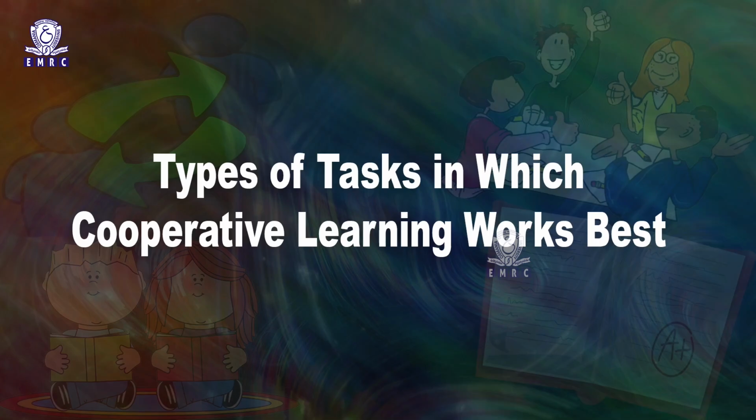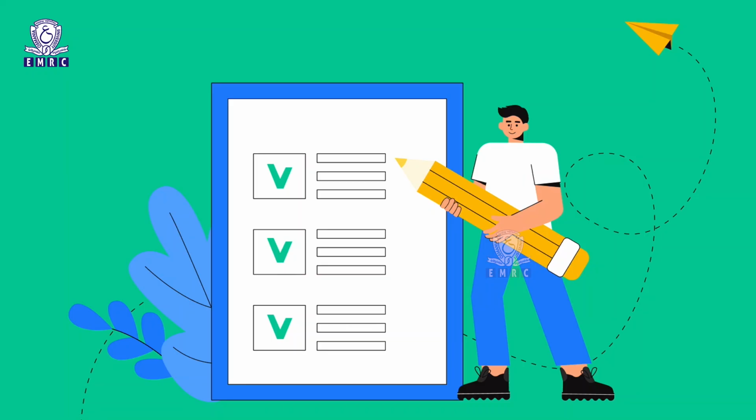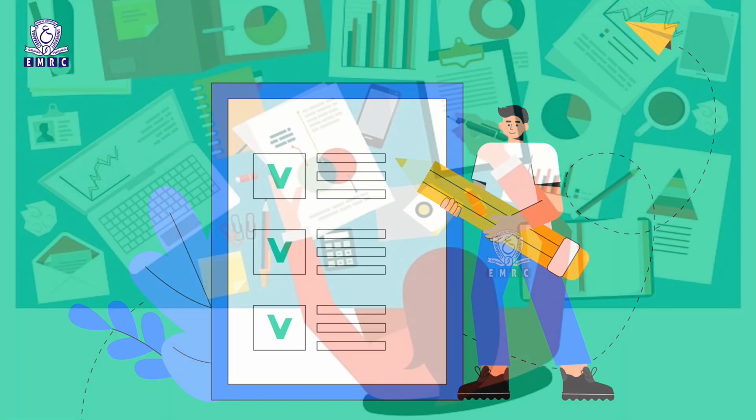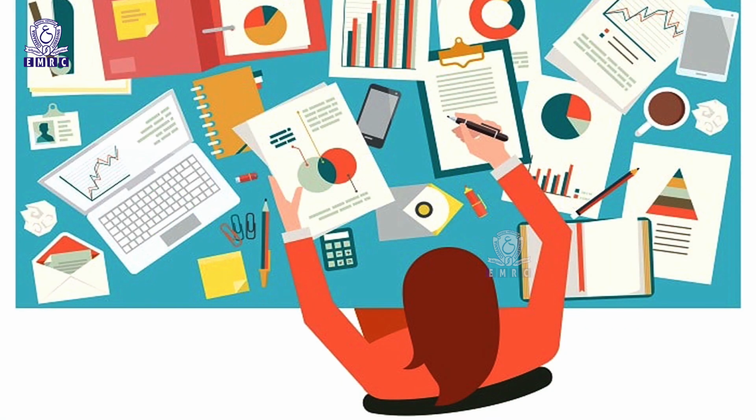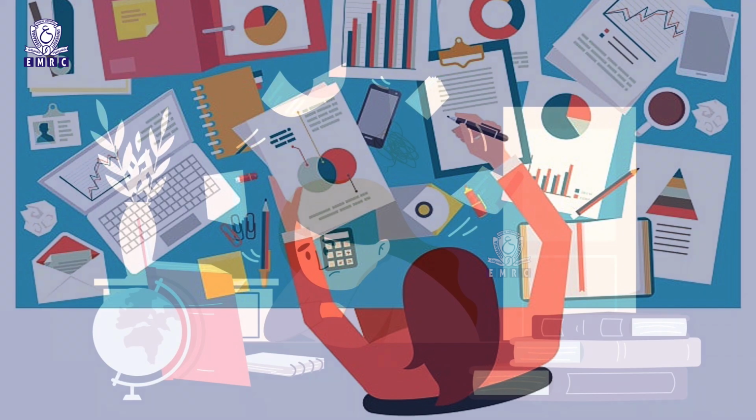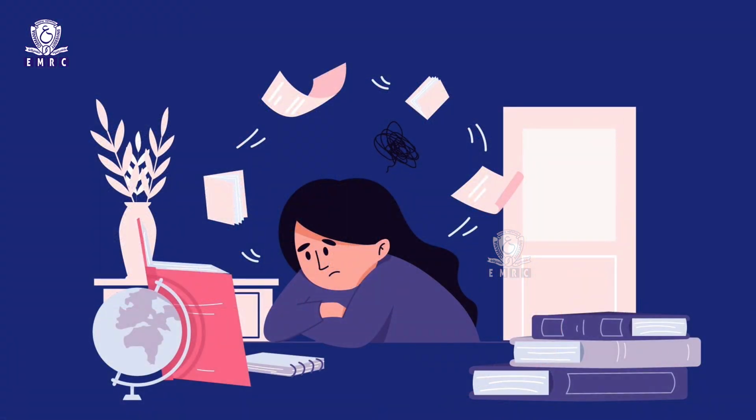Types of tasks in which cooperative learning works best. Do some types of tasks work better in cooperative or collaborative efforts and others better on an individual basis? Researchers have found that cooperative learning implemented without rewards has little benefit in regard to such simple tasks as rote learning, memorization or basic mathematics, but produces better results with more complex tasks.